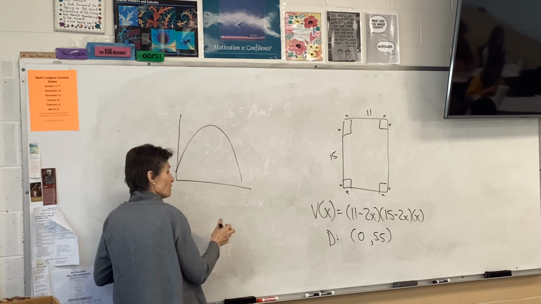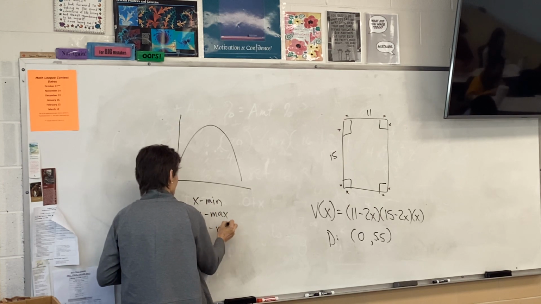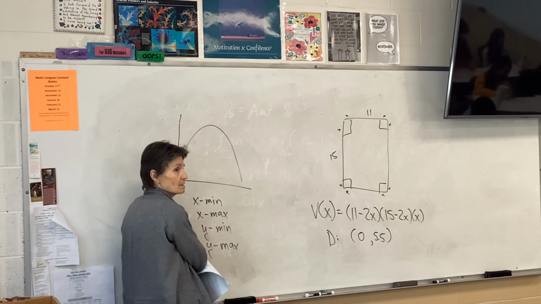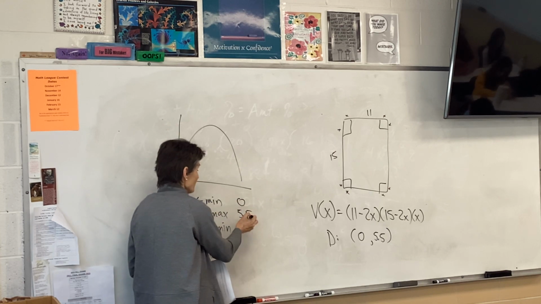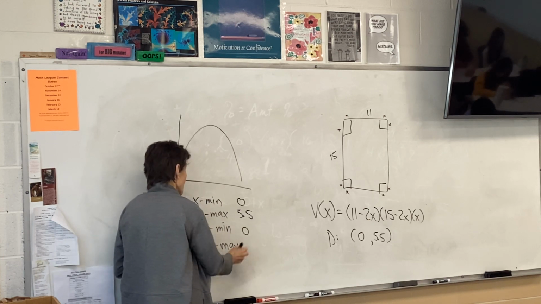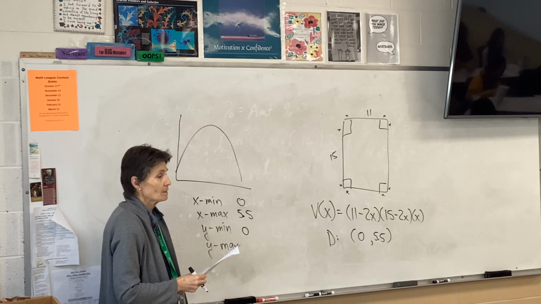And you're going to tell me what your window is. These are free points because you already figured out x min and x max. What are x min and x max? 0 and 5.5. What's y min? Always 0. And then y max will be different for everyone.